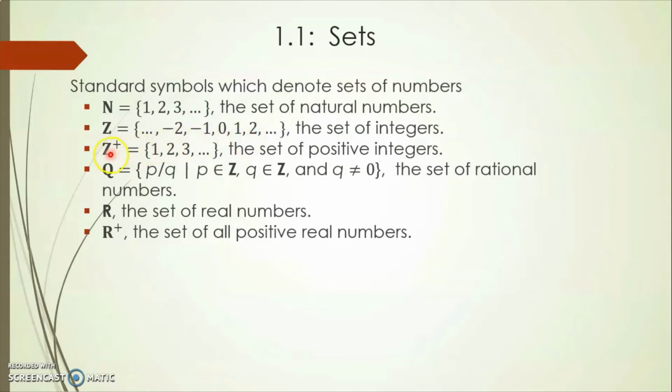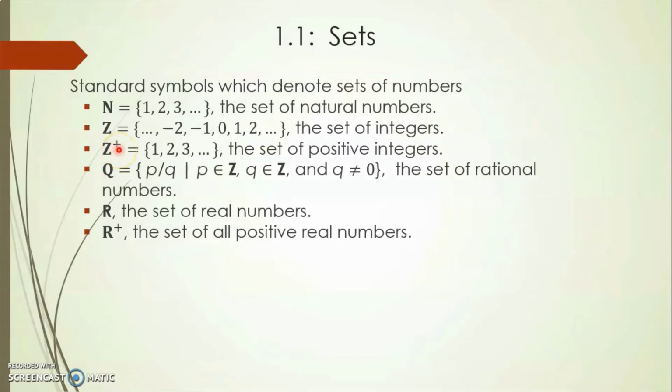The set of positive integers is Z⁺. Q is for the set of rational numbers, R the set of real numbers, and R⁺ the set of all positive real numbers. If you want to list all the negative integers, you can use Z⁻.